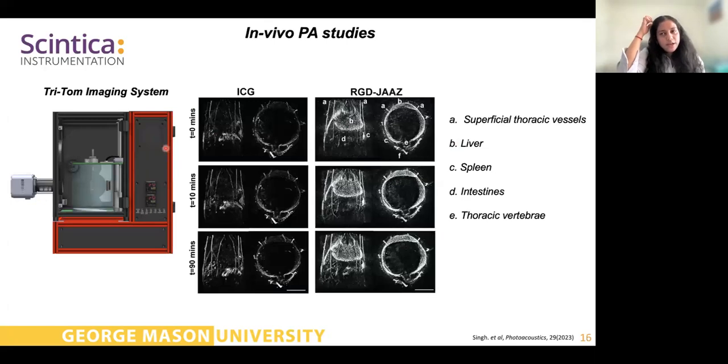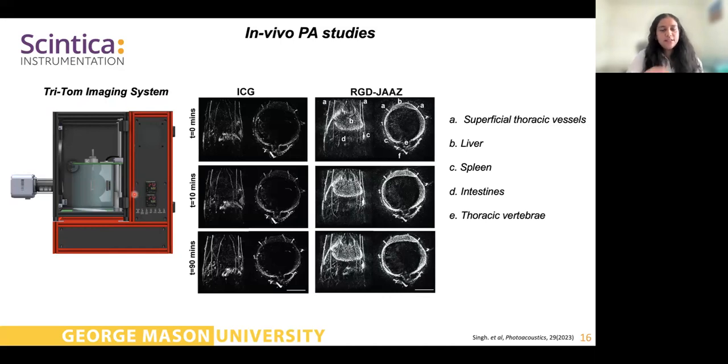Moving on, after completing our in vitro studies, we moved on to our in vivo studies, and more details about them are definitely given in the publication link below. The in vivo studies were done in collaboration with Photosound and used the TriTom imaging system.